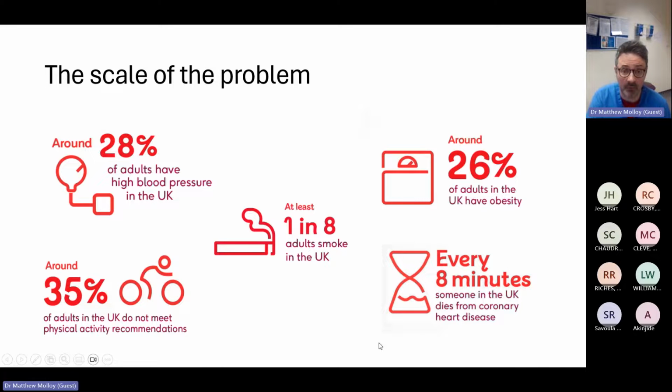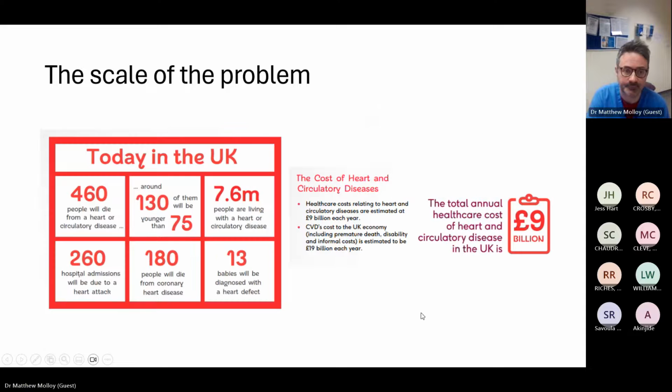So the scale of the problem, looking nationally: nearly 30% of the UK population have high blood pressure. 35% of us aren't meeting the recommended exercise levels. 1 in 8 of us smoke. 26% of us have obesity, and someone dies every 8 minutes from heart disease.